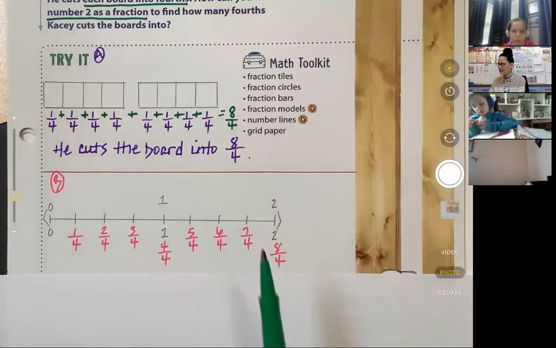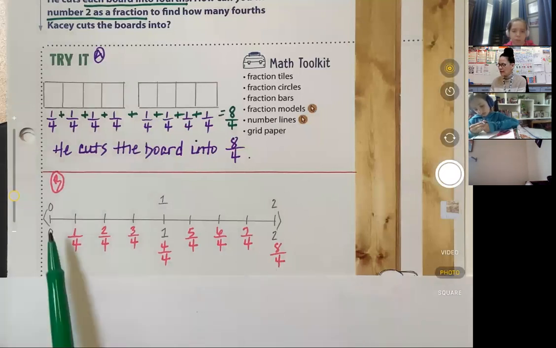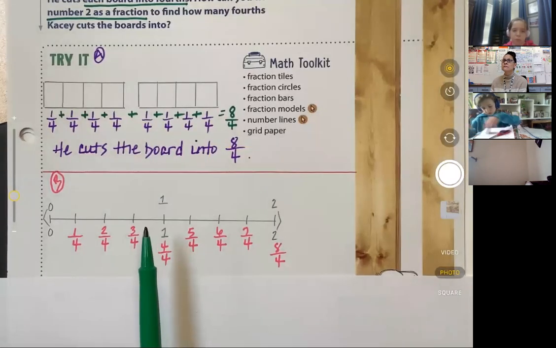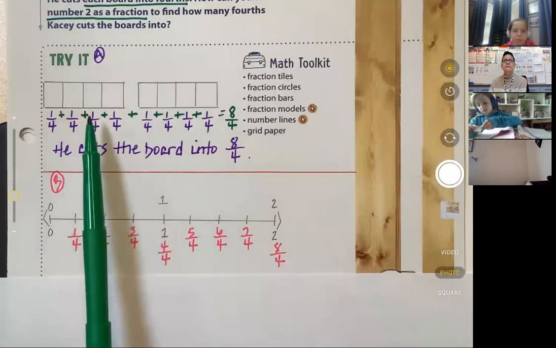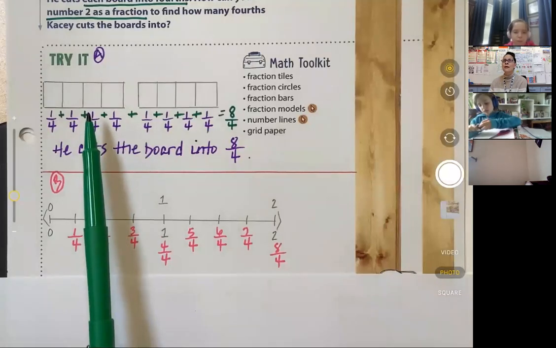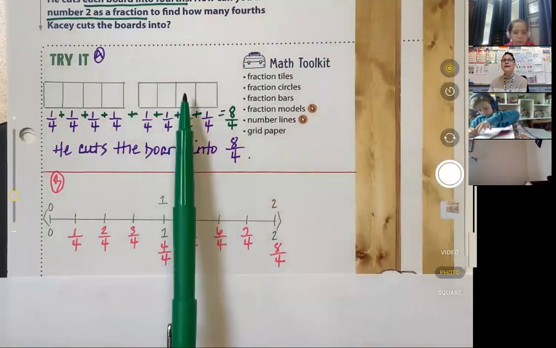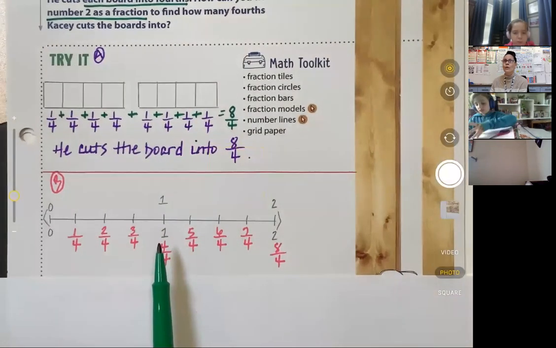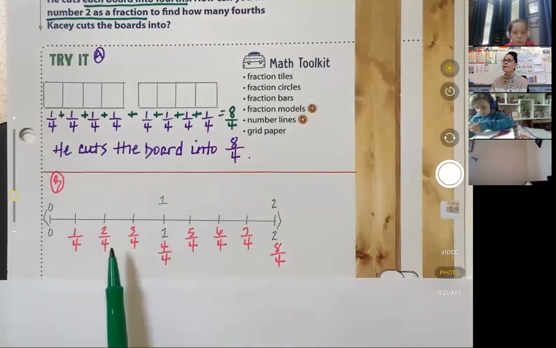And you can see how I've numbered my number line down here at the bottom. Again, starts at 0, ends at 2. Halfway mark is 1. So here's a whole, or here's the respective area model, and here's a whole, and here's the respective area model. And each whole, you will see, is cut into fourths on the number line. You can see that each tick mark is labeled by fourths.